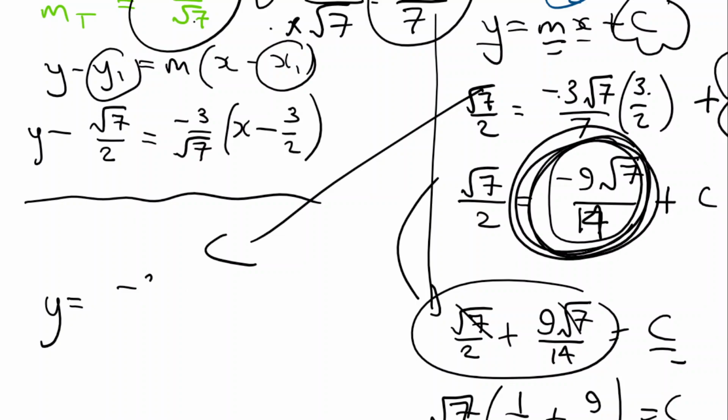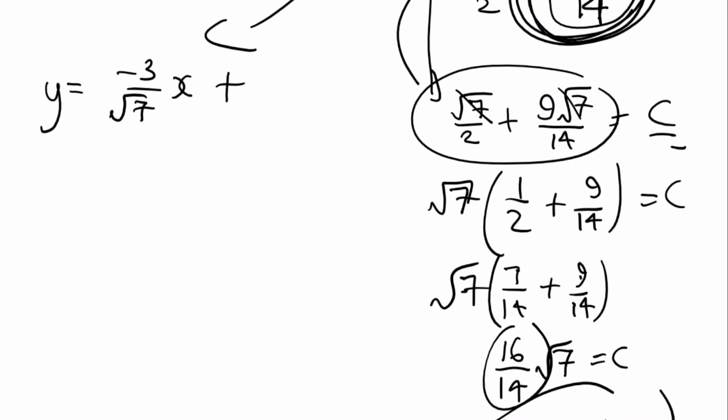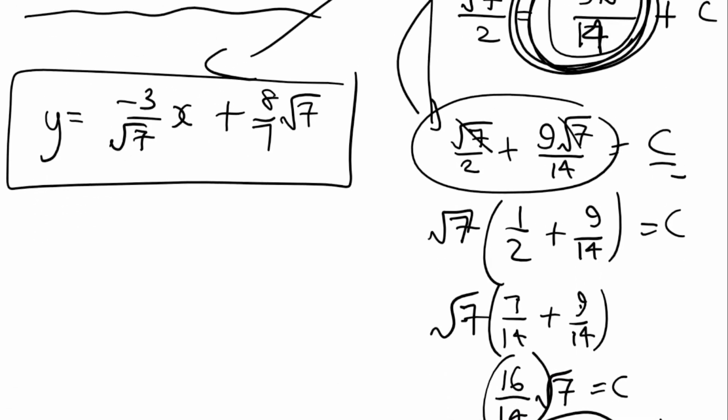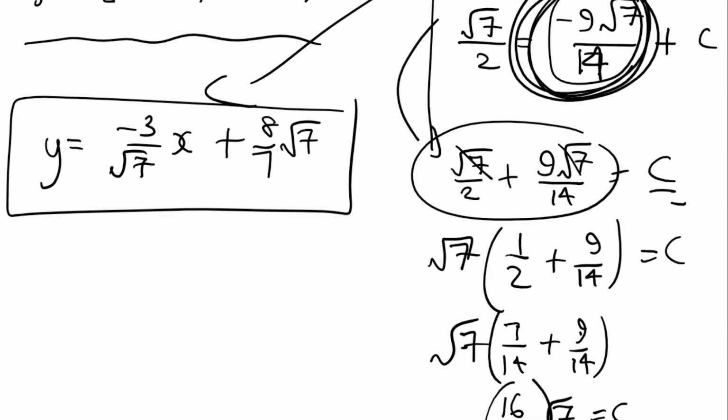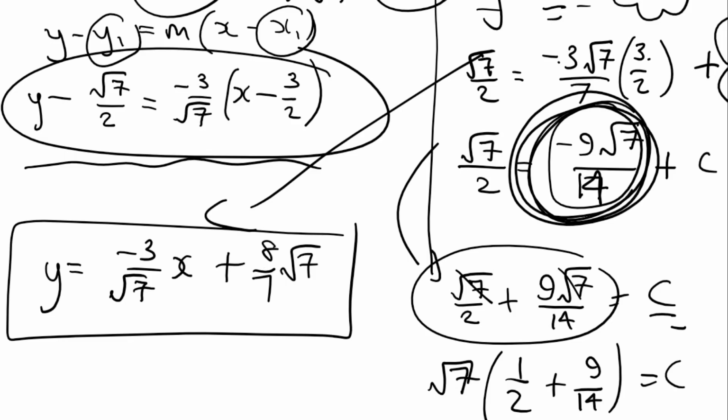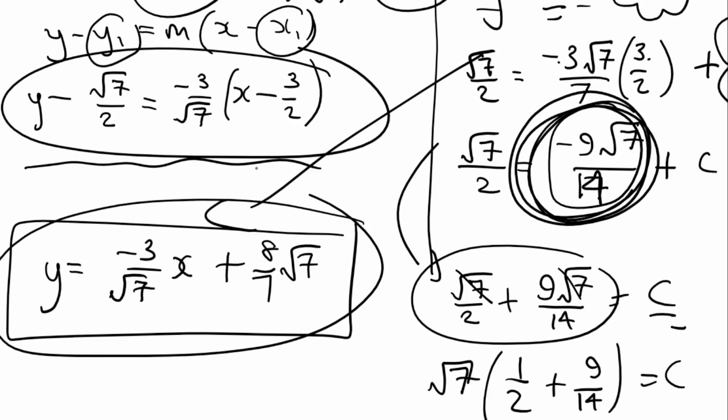So negative 3 over root 7, this is my mx, plus my c value, which is 8 sevenths root 7. So there is your final answer for the y equals mx plus c form. So just to recap, y minus y1 equals m lots of x minus x1. That answer is there. And the y equals mx plus c version is there.